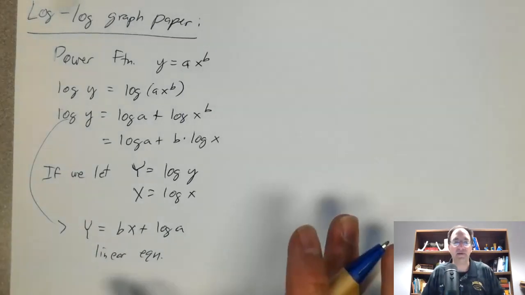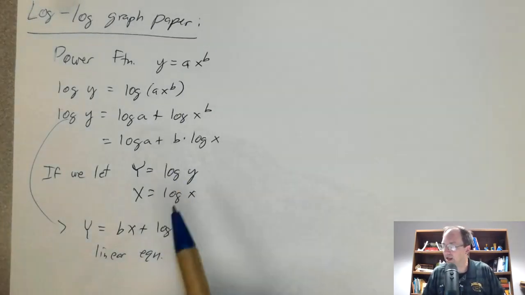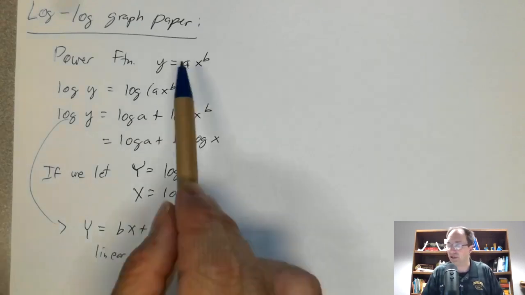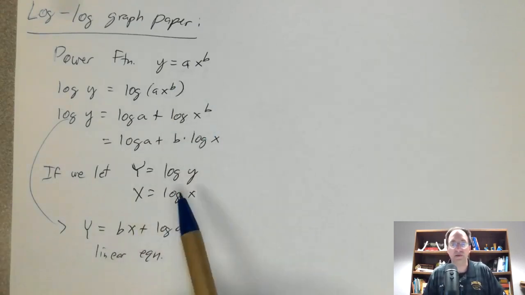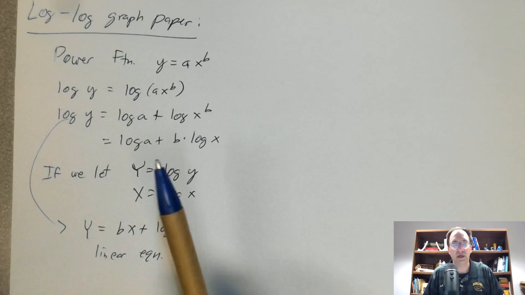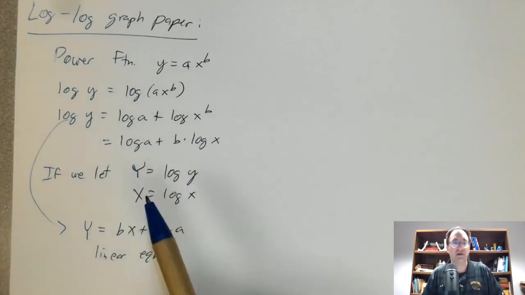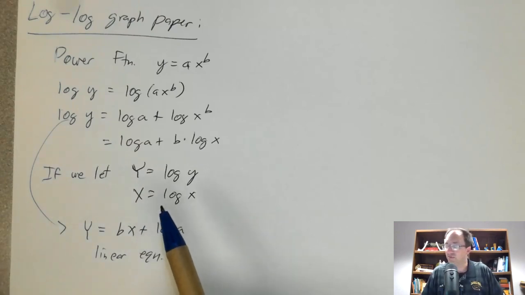And so the idea is that if I can somehow plot not x versus y, but log of x versus log of y, if the relationship is truly a power function, then that transformed plot should be linear. And we've seen this in chapter 2. That was the whole basis for how Excel finds the best fit trend line. So let's see how that works on graph paper.